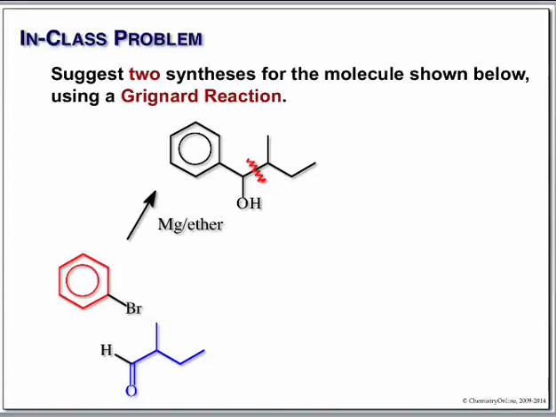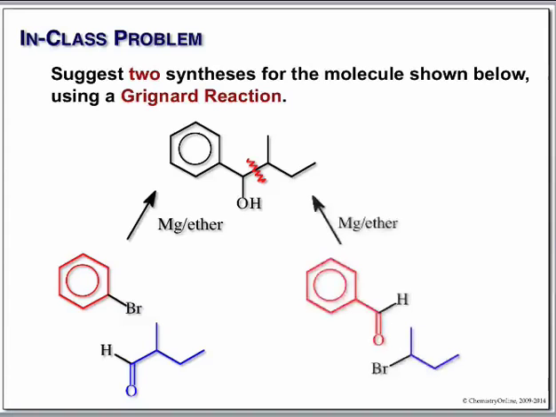And draw the structure of the alkyl halide that we use to make our Grignard. The aldehyde, we simply add a benzene ring, carbonyl carbon, and hydrogen. That makes it benzaldehyde. The Grignard reagent itself, we add a halogen of some sort here on carbon 2, so this would work as our Grignard.